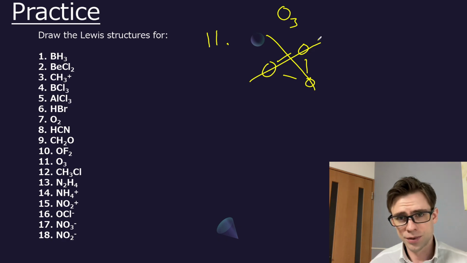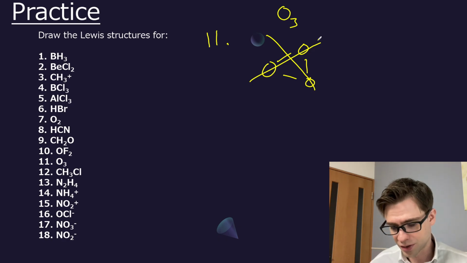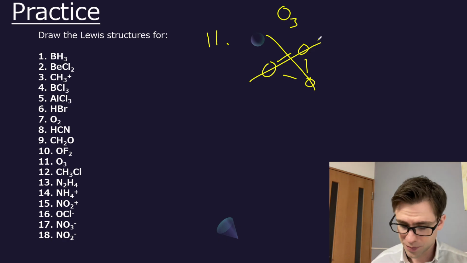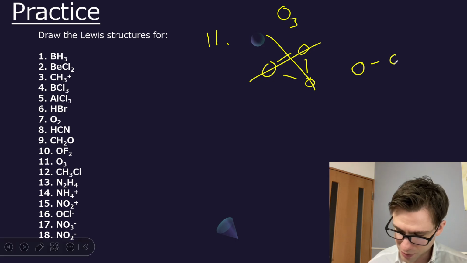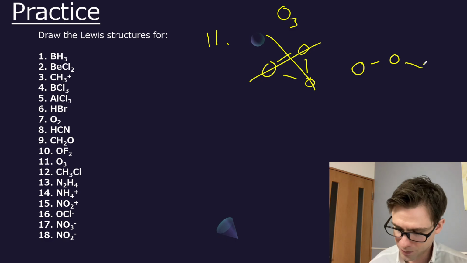So it's just from prior knowledge, I know that this structure is not going to form a triangle with one bond between each oxygen. So that leaves basically the other option where we've got 3 oxygens in some kind of line shape or slightly bent molecule.